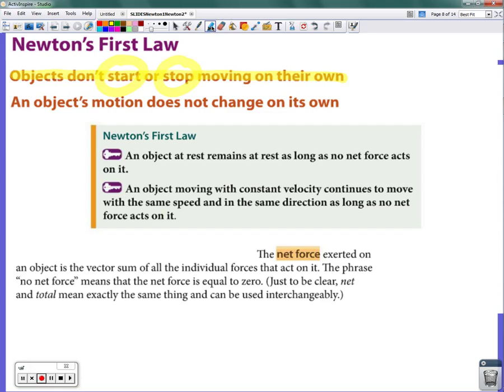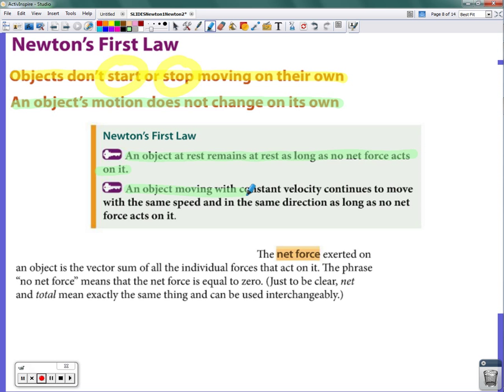What is actually going on is that objects' motion does not change on its own, regardless of what that motion is. So, the key points of Newton's first law, you've probably heard this before: an object at rest remains at rest as long as there is no net force acting on it. Aristotle knew that. The other part is the tricky part.